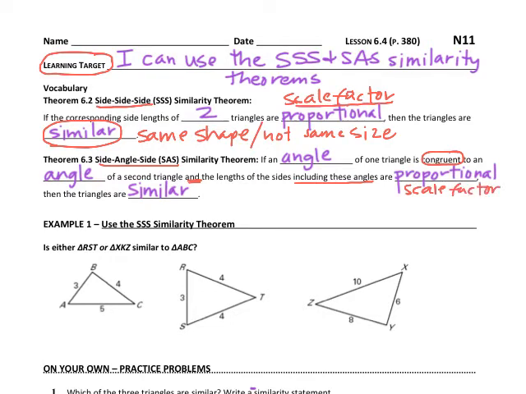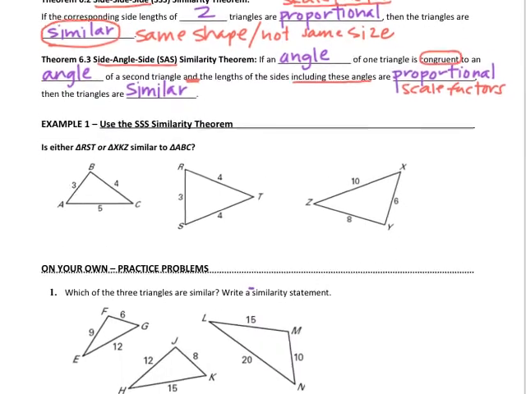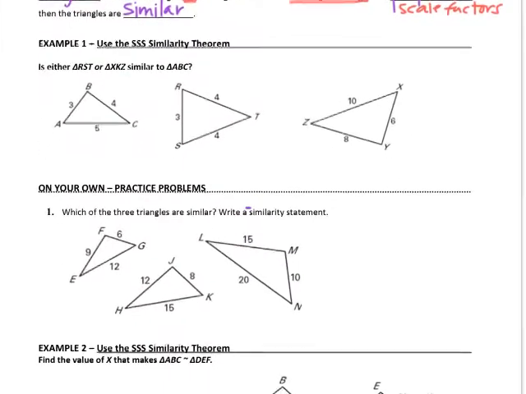Then the triangles are similar. So we're going to practice using both of these similarity theorems, and we already know one other similarity theorem, which is the angle-angle similarity theorem, that says if there are two angles in one triangle that are congruent to two angles of another triangle, then the two shapes are similar.